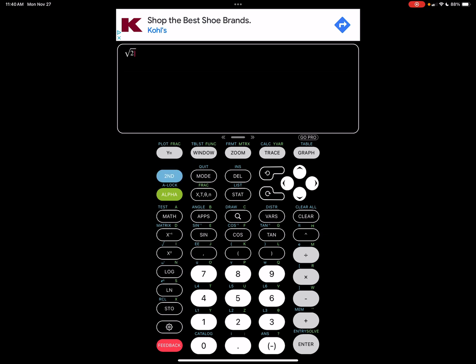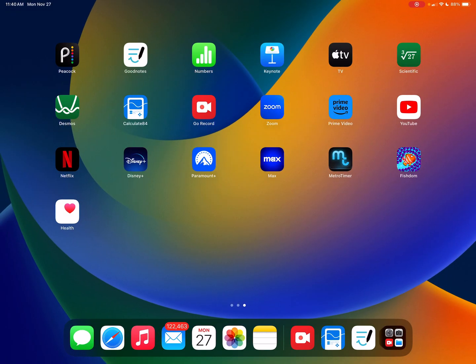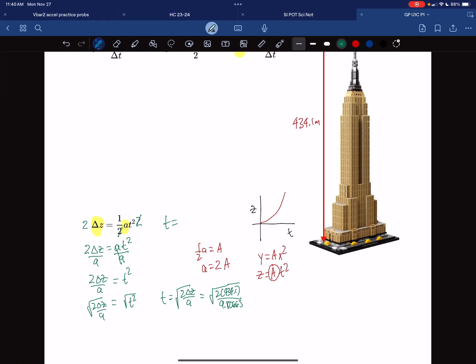Then it's 2 times delta Z, which is 434.1, divided by 9.80665, which we stored as G. We hit enter, and lo and behold, we get 9.4091318 seconds, because it's time.